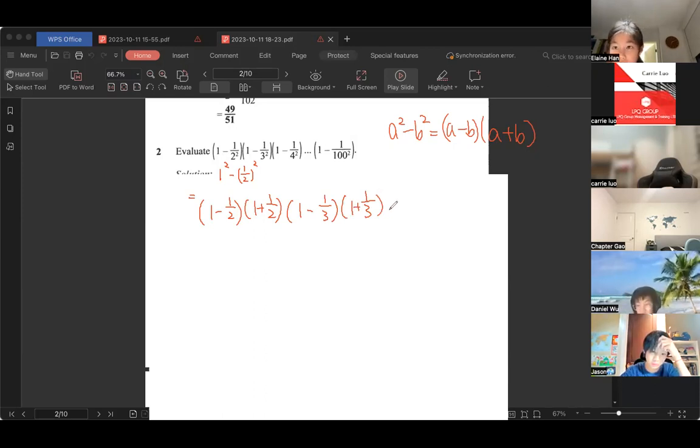Am I right? Okay, so Daniel, could you please tell me what the last one equals? Last one equals 1 minus 1 over 100 times 1 plus 1 over 100. Very good. Okay, so now we can expand it.